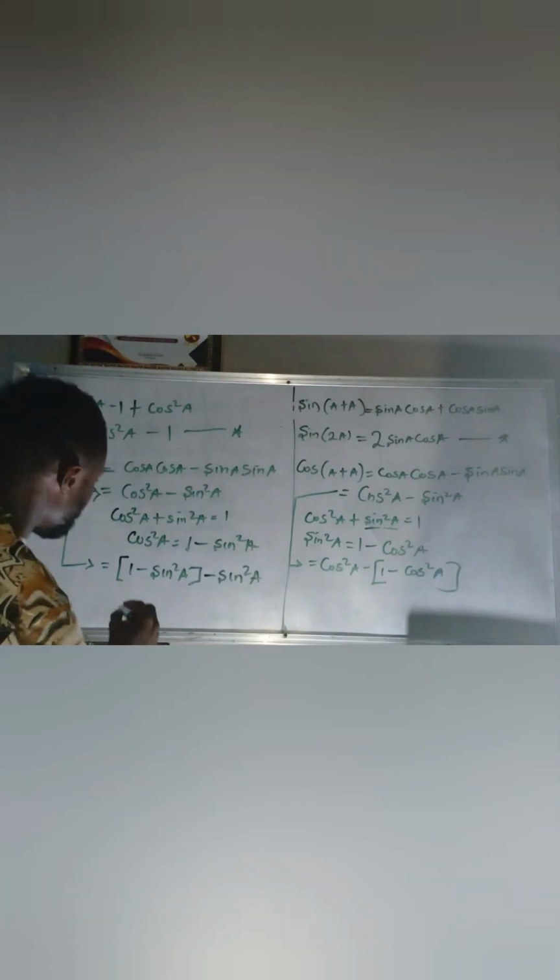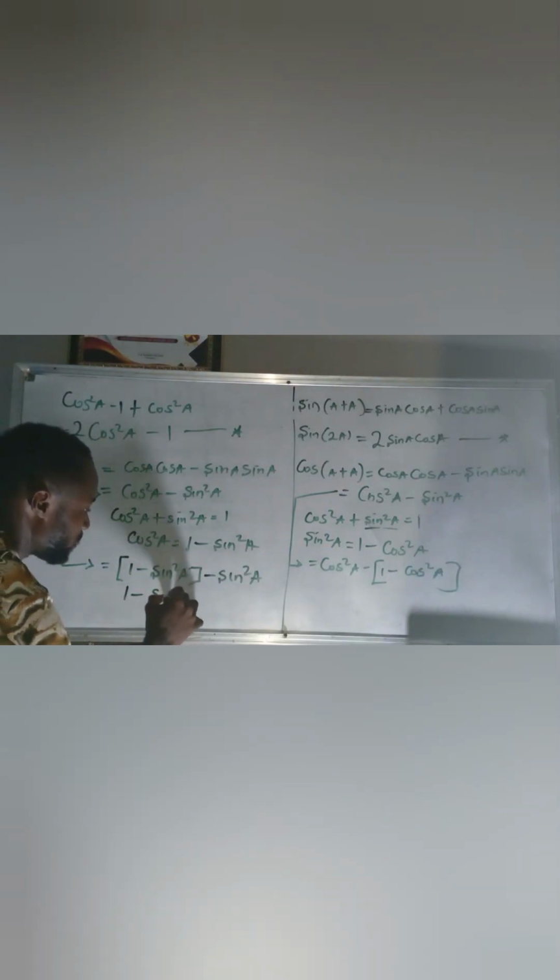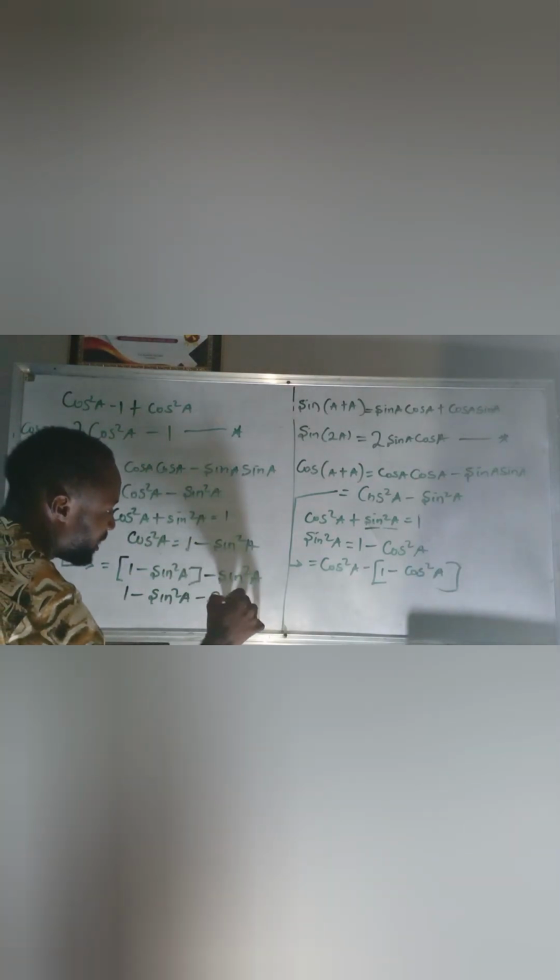So I will continue because of space. Now this gives us 1 minus sine square A minus another sine square A.